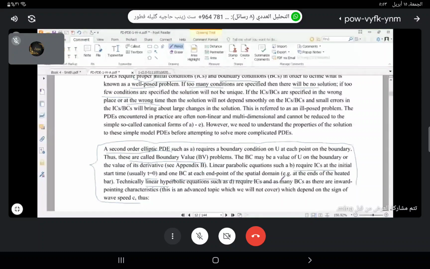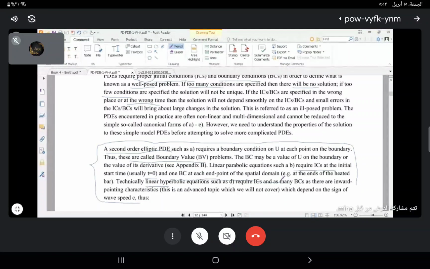Thus, we learned that a parabolic equation requires initial condition and boundary condition, but an elliptic PDE only requires boundary condition.